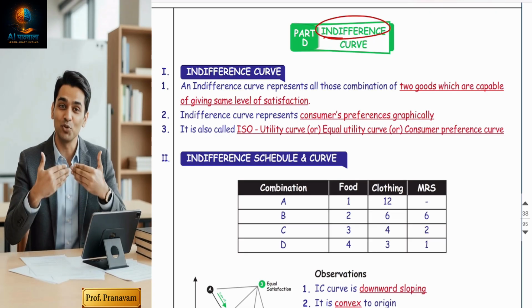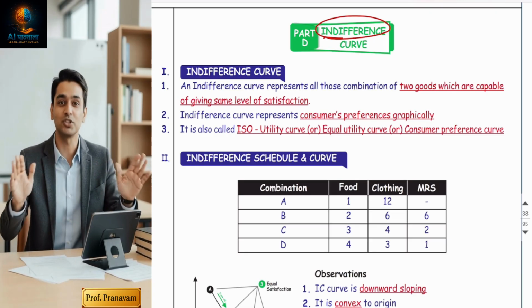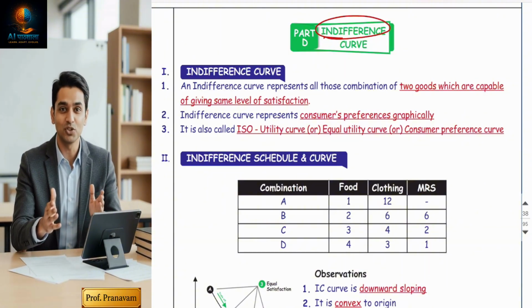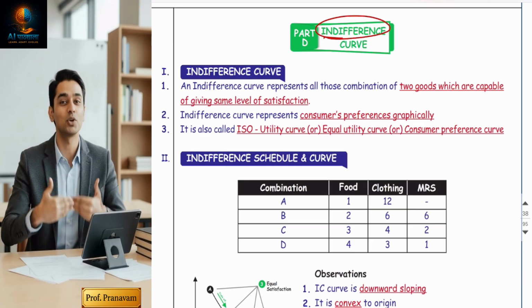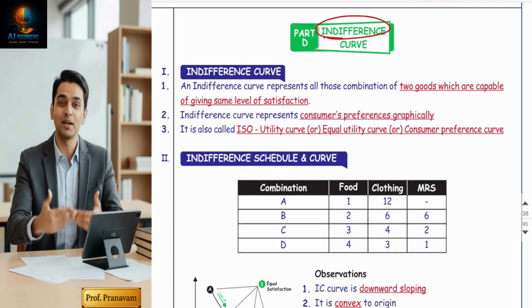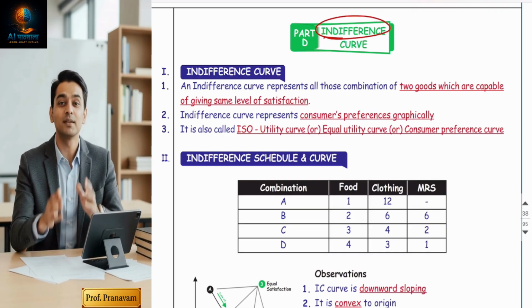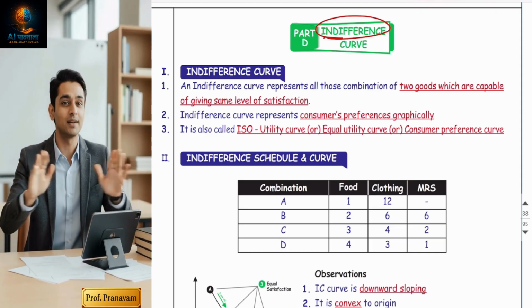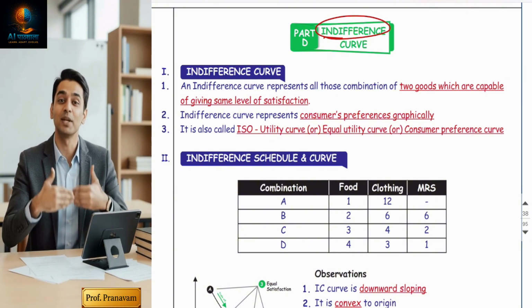In that choice making, the consumer remains confused, and that confusion is called indifference. But at last, Hicks and Allen explained that even though consumers are confused, they always use their scarce money in the best possible manner, and they try to achieve a maximum satisfaction level.